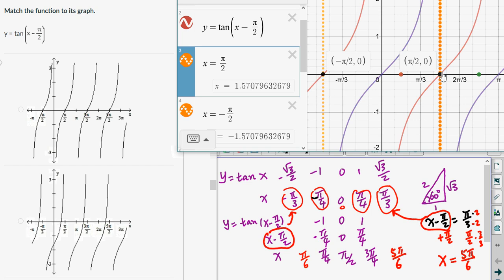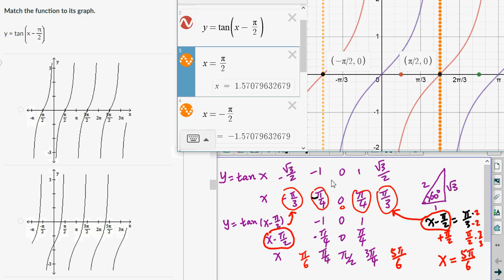So instead of 2 pi, tangent x has period pi. Between negative pi over 2 and positive pi over 2 is one period. Okay, recall tangent x has those 5 different key values.